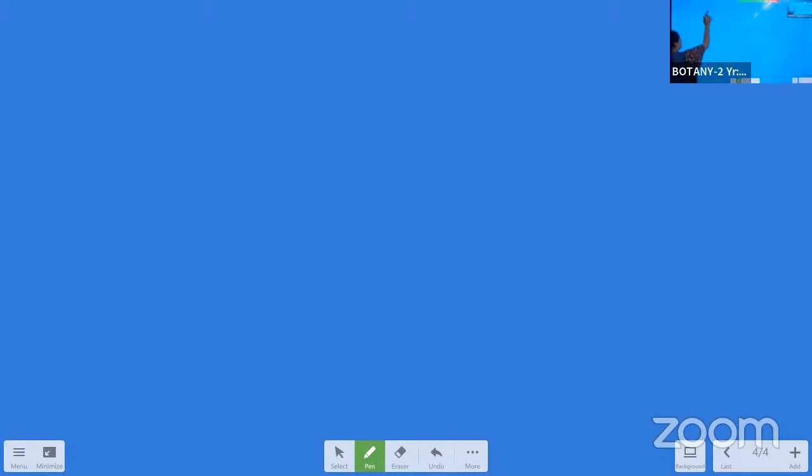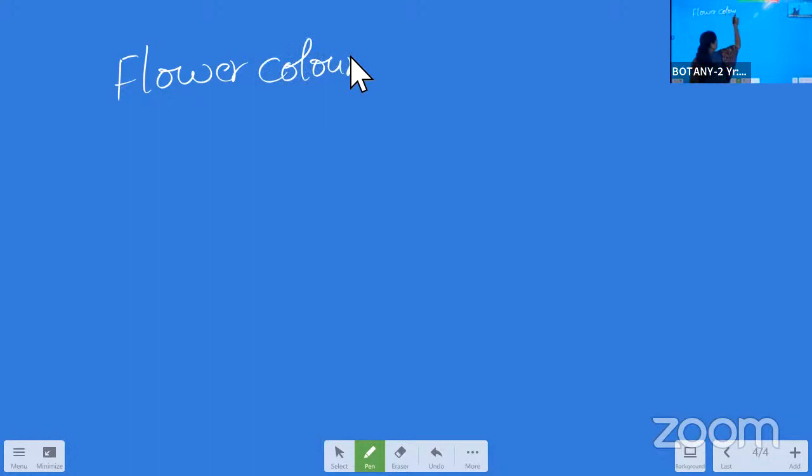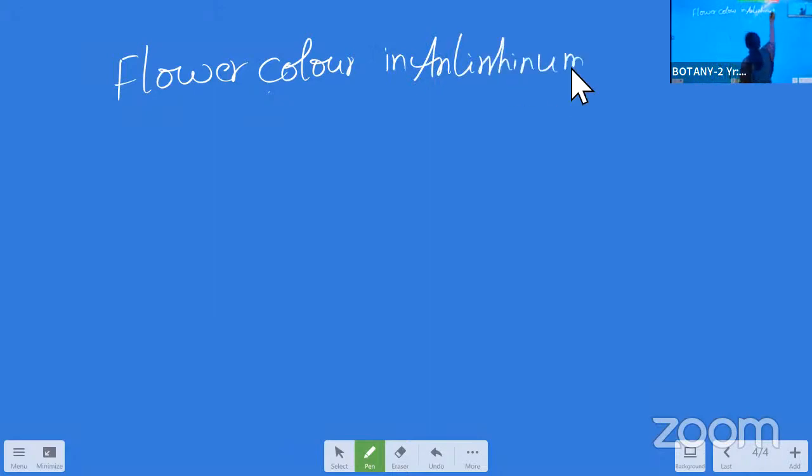Okay, so in this, we can go with the flower color in Antirrhinum, or snapdragon.